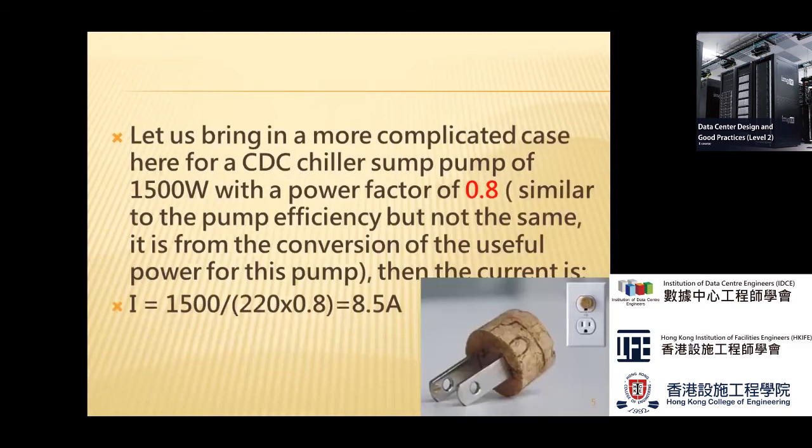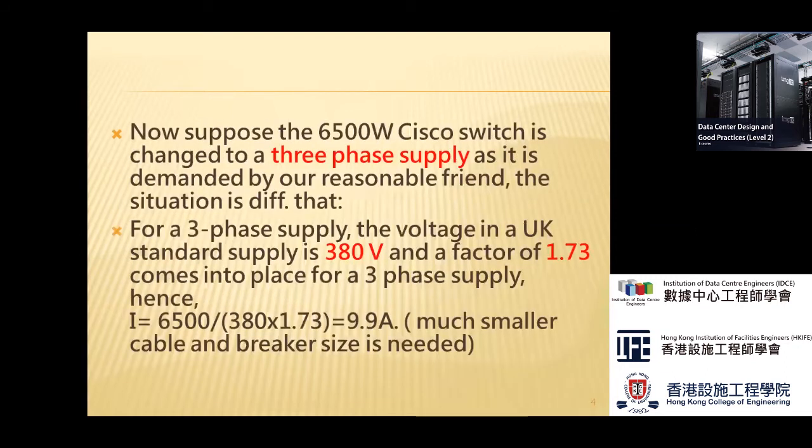Now let us bring in a more complicated case here for the CDC. As CDC means a data center, chiller sump pump of 1,500 watts with a power factor 0.8. Now in the previous case, we have never touched on the power factor, right? Because we have 6,500 watts here, Cisco switch.